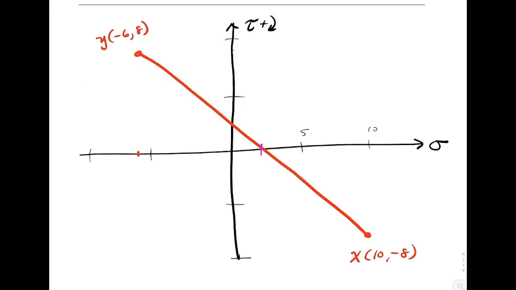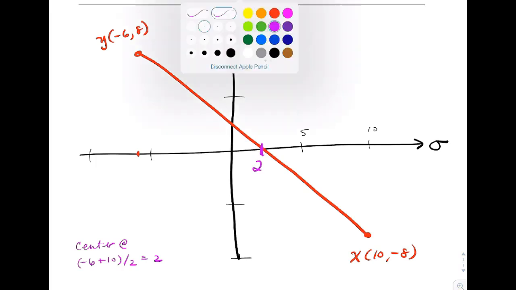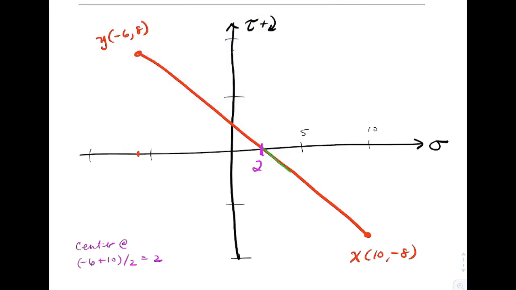And from that, we've now defined the center and the radius. We've just got to do some very simple calculations. So the center is at minus 6 plus 10 divided by 2. That gives us 2. So I'm just going to label it right there at the center. Got a chance now to do the radius of that circle. So I've got now a side of 8, and this goes from 2 to 10.